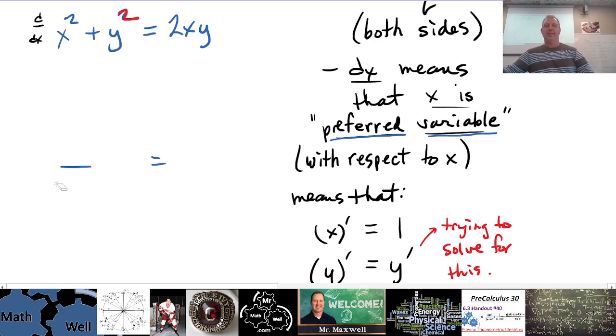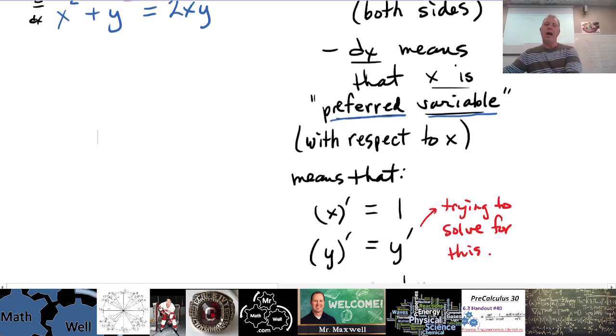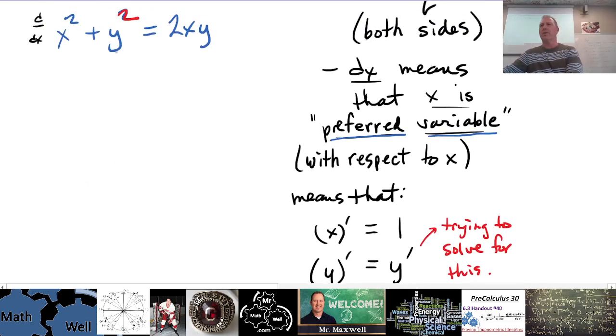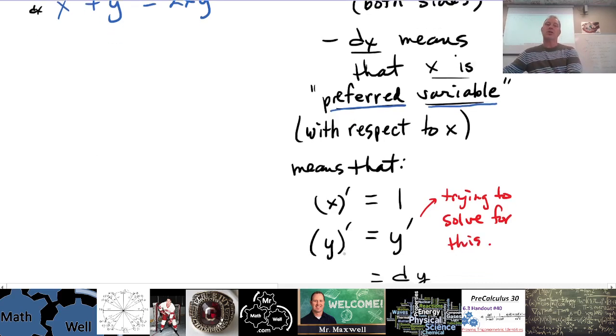But this is where it gets tricky. Y is like a separate function, like a second function. And we cannot change the derivative of y into 1. Instead, we have to write the derivative of y as y prime. I'm going to use Newton notation, not the Leibniz d dx notation mostly. So the derivative of y is y prime.